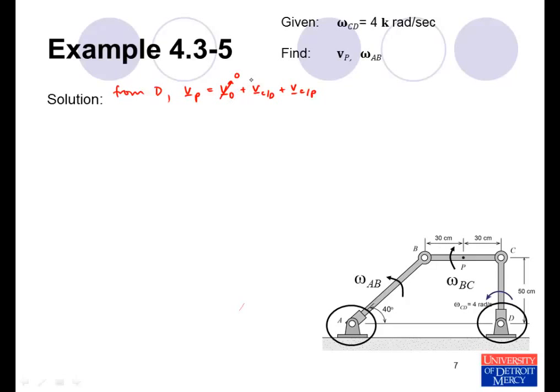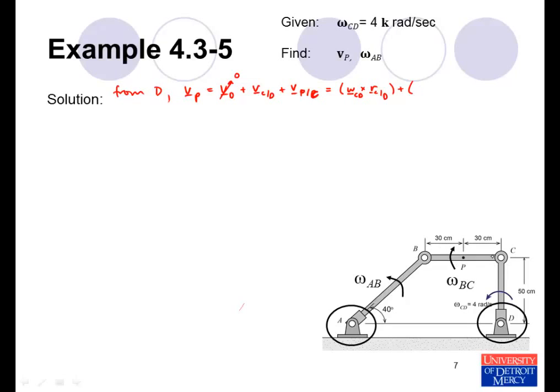We know the velocity of point D is 0 because point D is fixed. C is moving in a circle about D, so we can use circular motion equations. Omega cross R, where the omega is omega CD, and the position is the position of C relative to D. So this is the velocity of C relative to D. This is actually the velocity of P relative to C. And so in this case, we can think of P as moving in a circle about C. So again, we can use the circular motion equation.